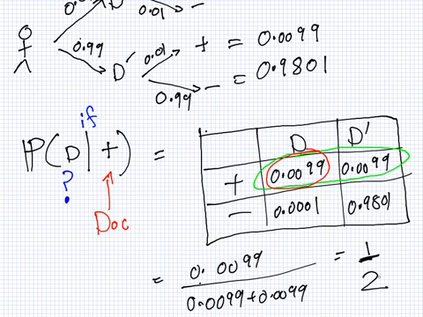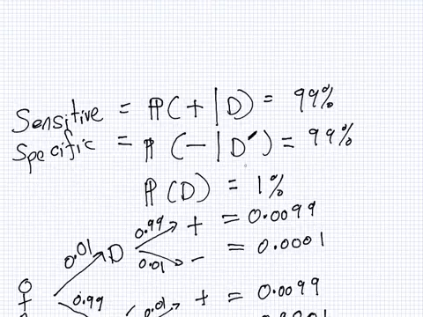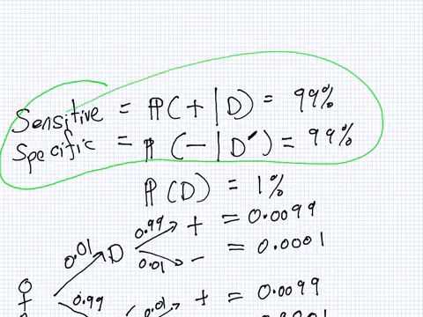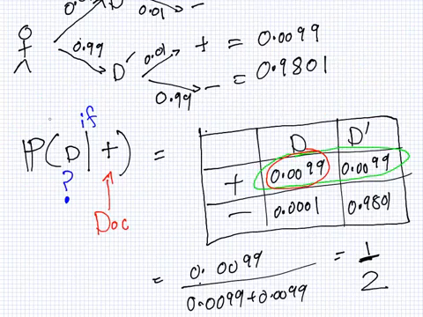So at the beginning, if I said there's a 99% chance the test will be positive if you have the disease, and there's a 99% chance that the test will be negative if you don't have the disease, and I tell you the test is positive, you think, oh no, I have the disease. But actually, when you calculate it, it only comes out at 50%.